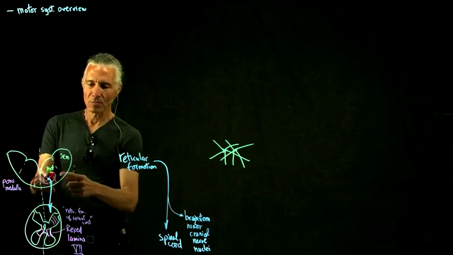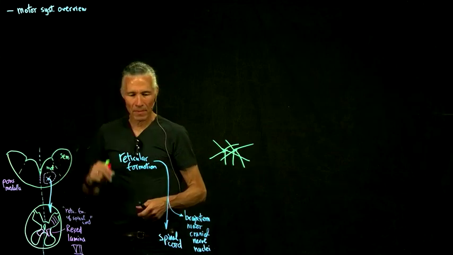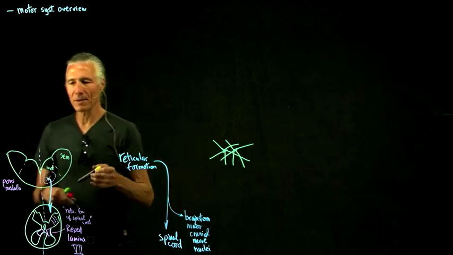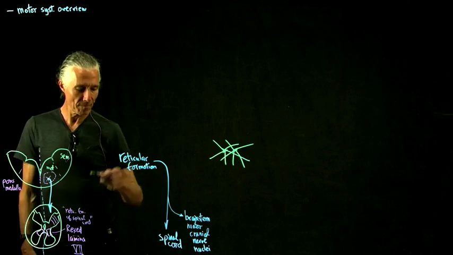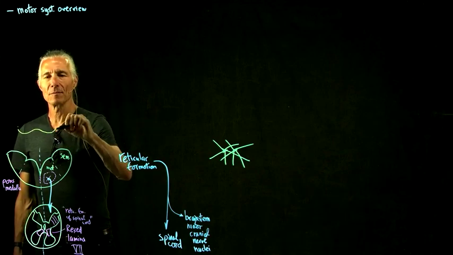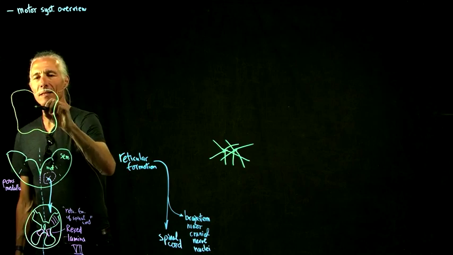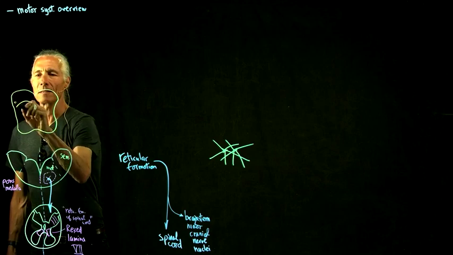So the right reticular formation mainly controls the right body. But the reticular formation extends up into the midbrain also. So if we draw a rough picture of the midbrain, here's the superior colliculus over the top, and there's the ventricle.